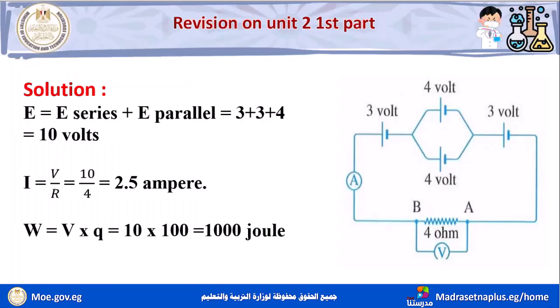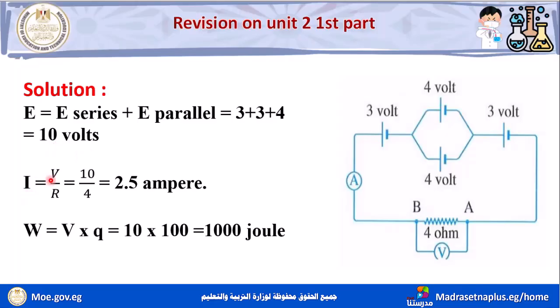Solution: E equals E series, the electromotive force of series dry cells, plus E, the electromotive force of a group of parallel connection of dry cells, equals 3 plus 3 plus 4, the 2 dry cells connected in parallel equal 1 single cell. 3 plus 3 plus 4 equals 10 volts.